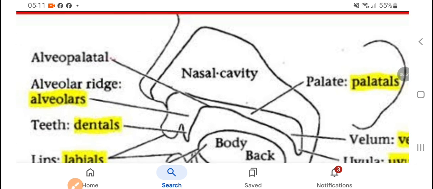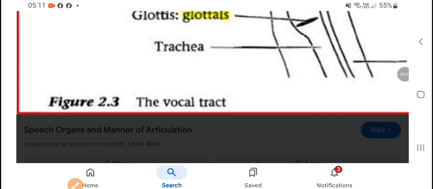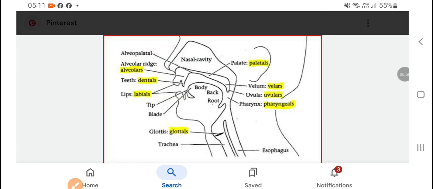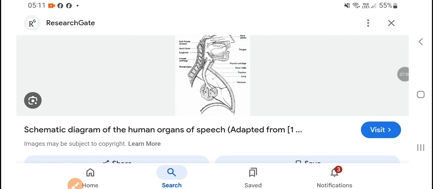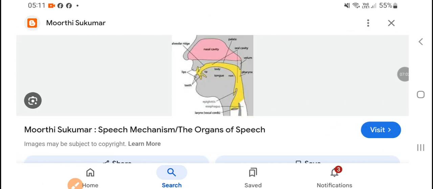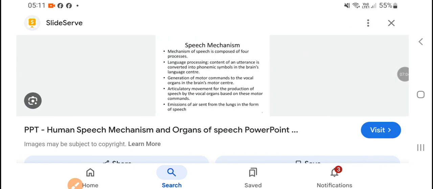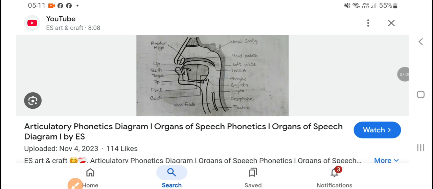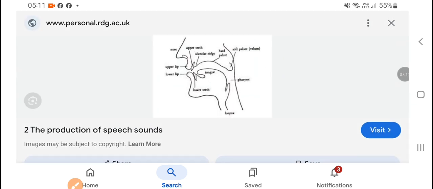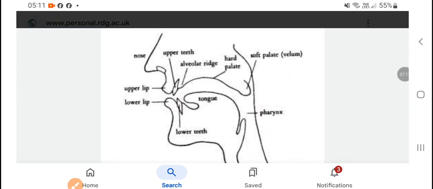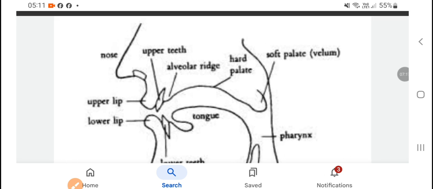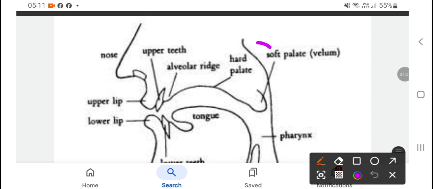Then one more diagram I have to show. Wait a minute. Okay, wait. This diagram I have already shown you. Yeah, I was talking about the hard palate.